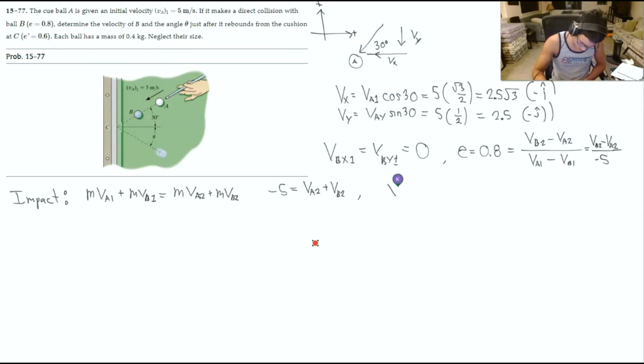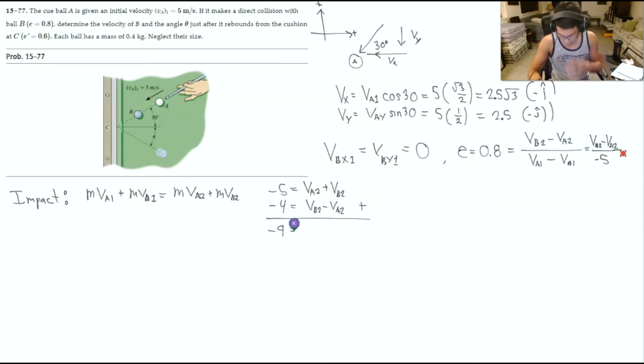I'll write VB2 minus VA2 under it. If I put the -5 over here and times it by 0.8, -5 times 0.8 is -4. If I add these equations, I get -9. The VA2s will cancel out, but I'm going to get 2 VB2. So I know VB2 is equal to -4.5.